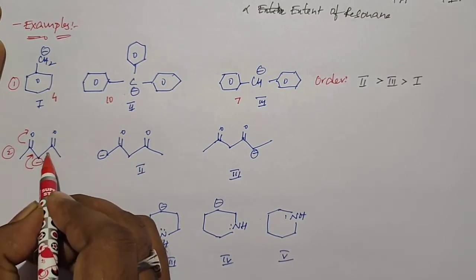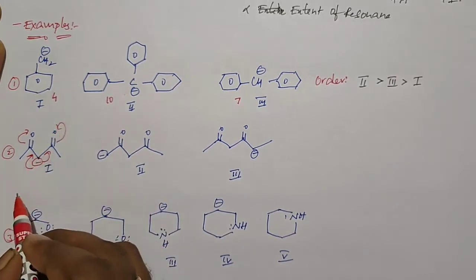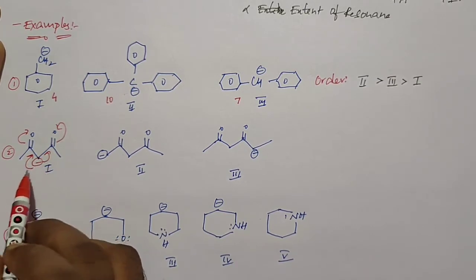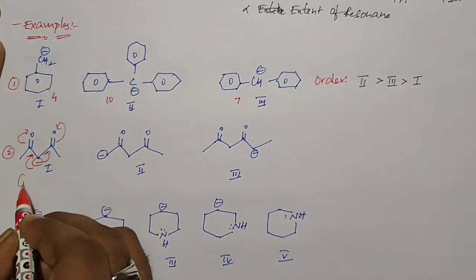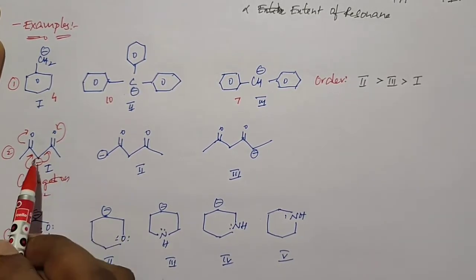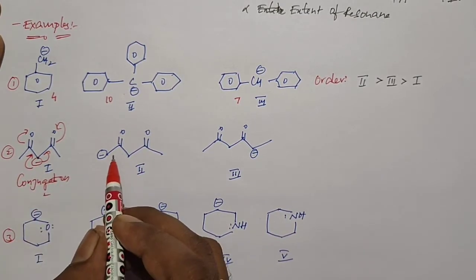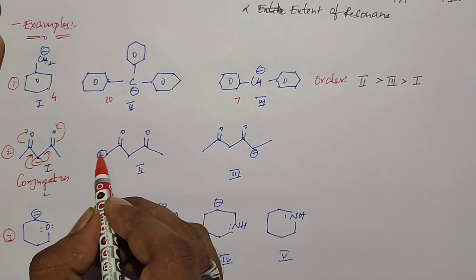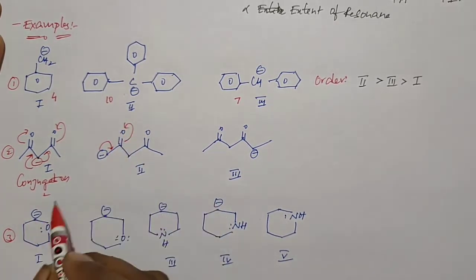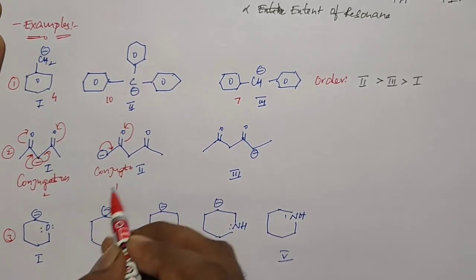If this negative charge shifts as pi electrons here, and these pi electrons shift towards oxygen as a lone pair, then resonance is possible. So 2 conjugate structures can be possible, or conjugation can be explained in 2 ways. When it comes to here, the negative charge shifts as pi electrons, and these pi electrons shift towards the oxygen. So here also conjugation is present, but only in one way.